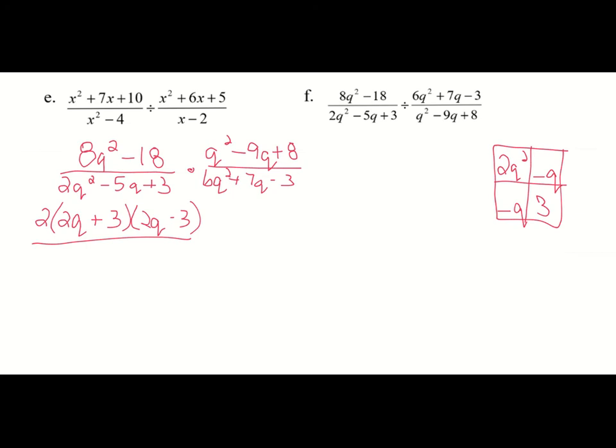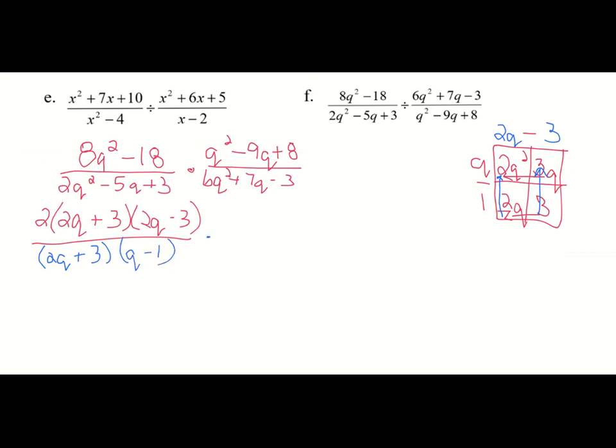So it's going to be -3 and -2. So when I factor across for 2q and 3, my GCF is 1. 2q squared and 3q is going to be q. Factoring up, 2q squared and 2q will be 2q. And 3q and 3 will give me a 3. So that bottom is going to factor as 2q plus 3 times q minus 1.